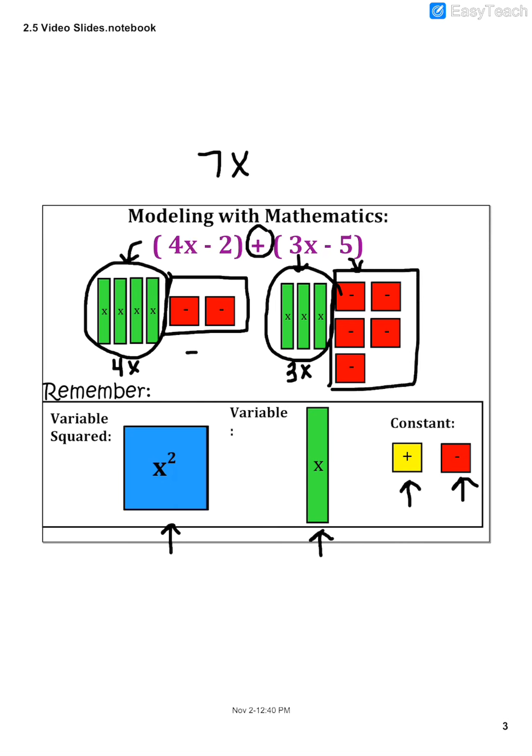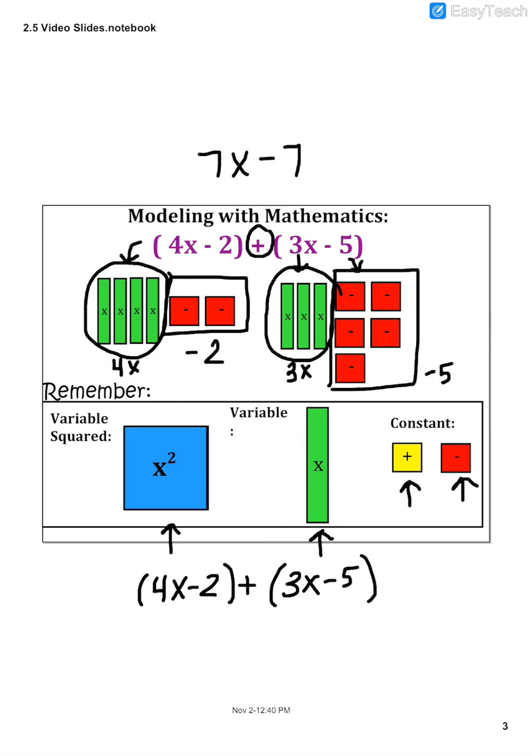I have a negative 2 and a negative 5, which means altogether I have 7 negatives. So all I'm going to do is put my two terms together, 7x minus 7. If I want to represent this mathematically, 4x minus 2 plus 3x minus 5.